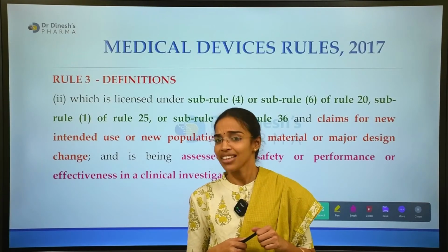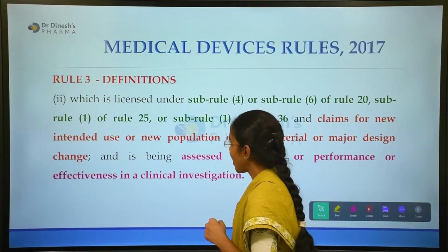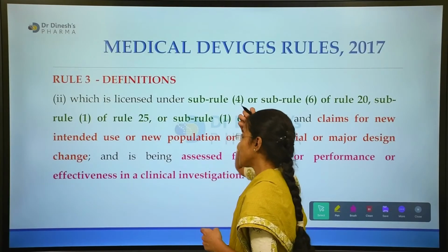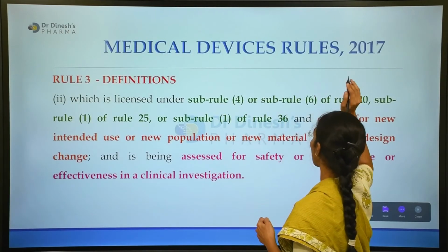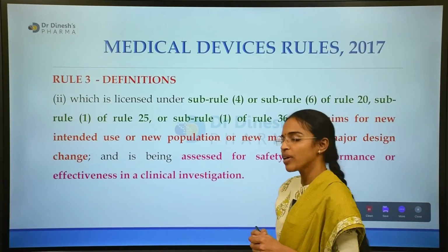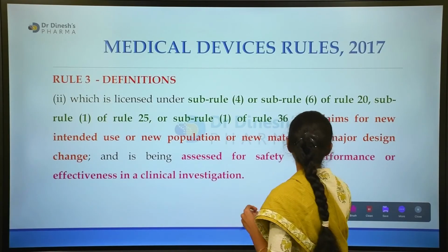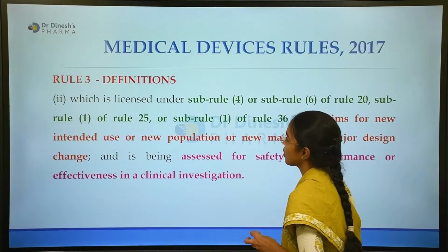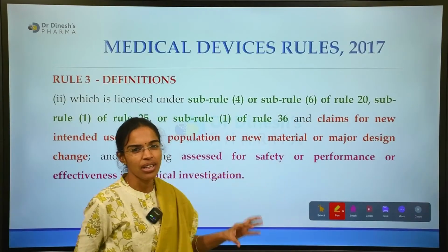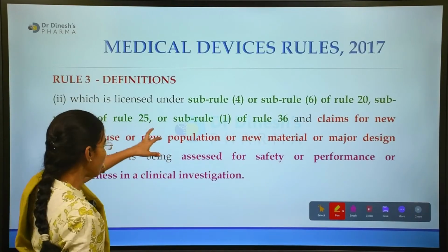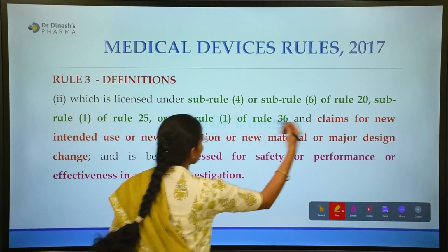A predicate device is important. Any device which is licensed under sub-rule 4 or sub-rule 6 of rule 20 or rule 25, whatever it is, and which claims a new intended use.